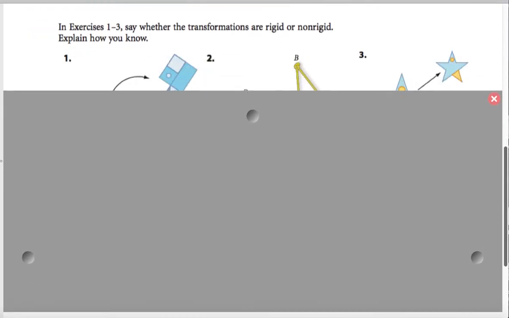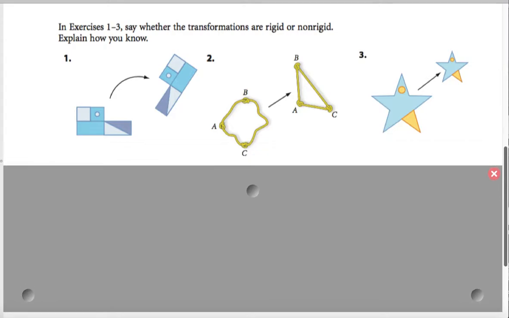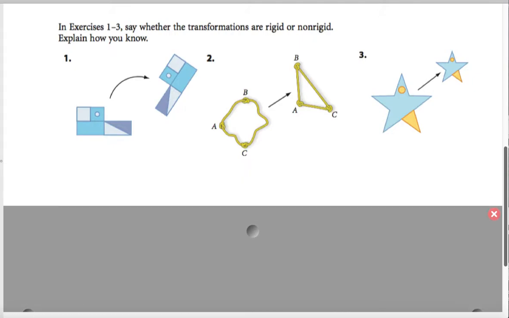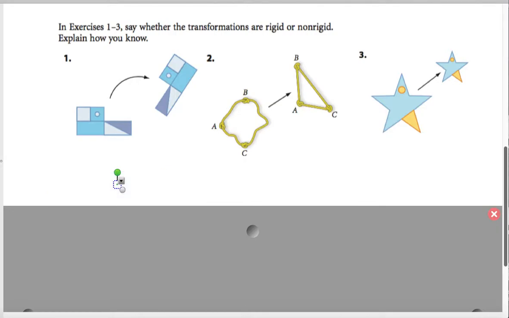So let's look at some examples and decide, are these rigid or non-rigid transformations? So in number 1, you can see that the original picture has been rotated, but it's still the same size and the same shape. So that would be referred to, if I have it here written somewhere, magically.